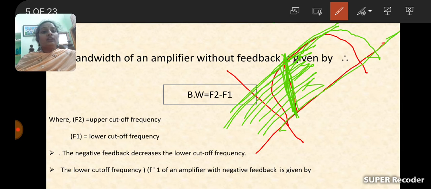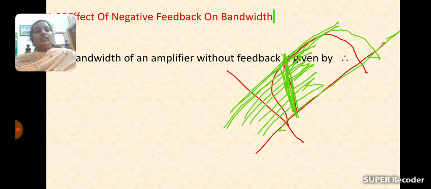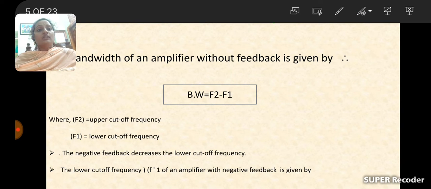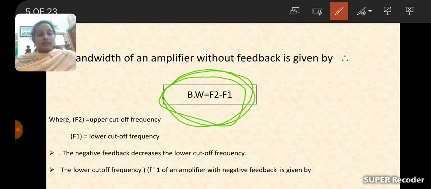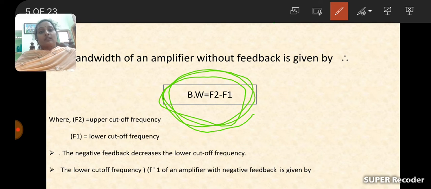So, the bandwidth of an amplifier with negative feedback. See here, what happens with negative feedback. Before discussing negative feedback, the expression for bandwidth with frequency: bandwidth is generally defined as f2 minus f1, where f2 is the upper cutoff frequency and f1 is the lower cutoff frequency.